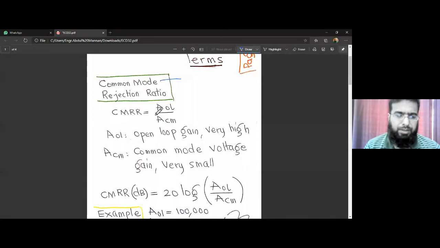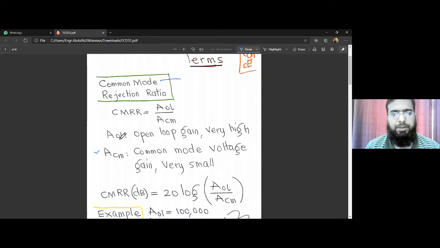So there is some gain associated with the case where exactly the same voltage is applied on both inputs. And AOL is the open loop gain, that we get when different inputs are applied on the two inputs of the operational amplifier, and the output is AOL times the difference of the two.